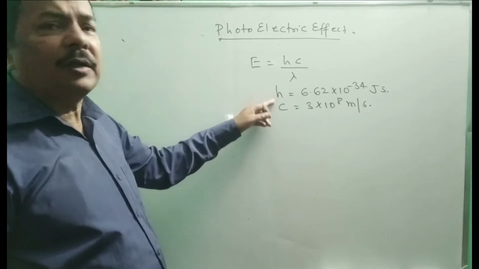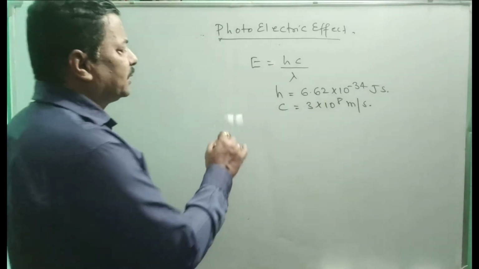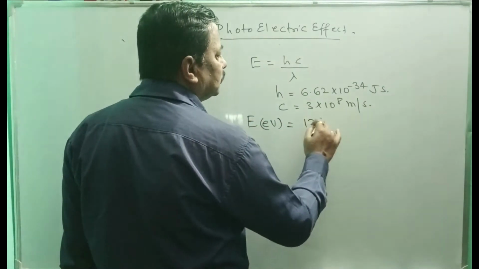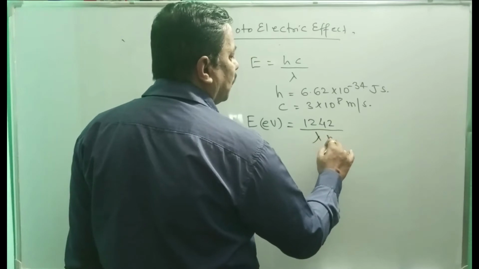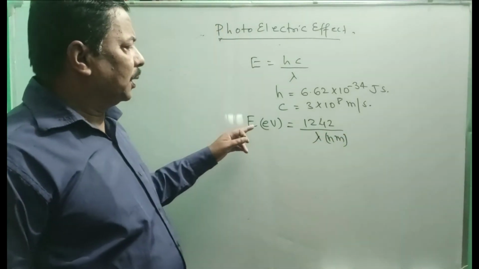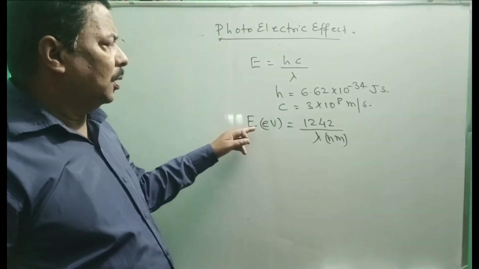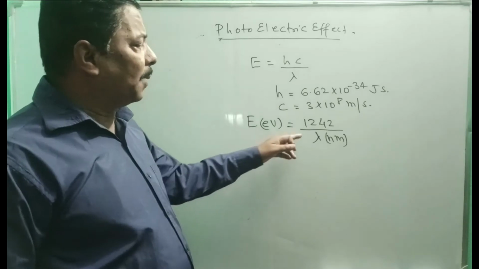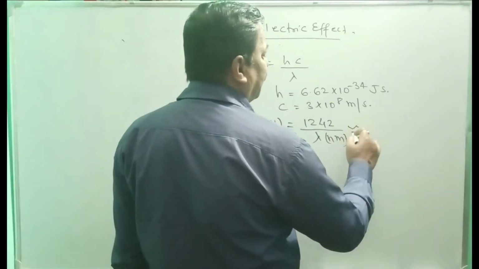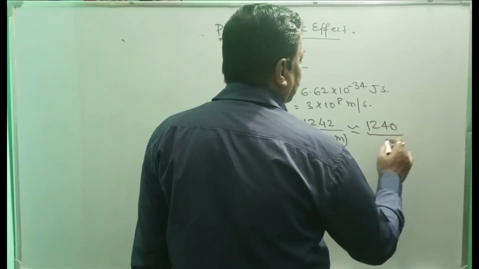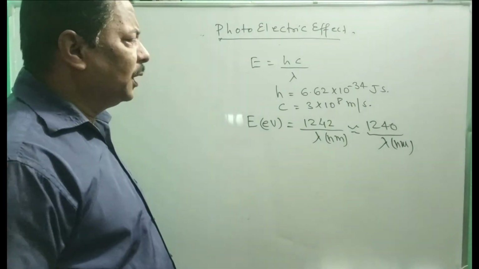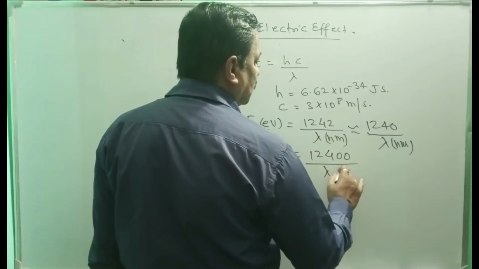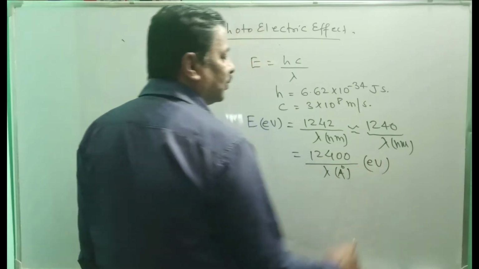If you calculate the value of the product hc, naturally it will be a constant, and if we measure the energy in electron volts, then the energy of the photon will be approximately 1240/lambda, with lambda in angstroms, giving the energy in electron volts.